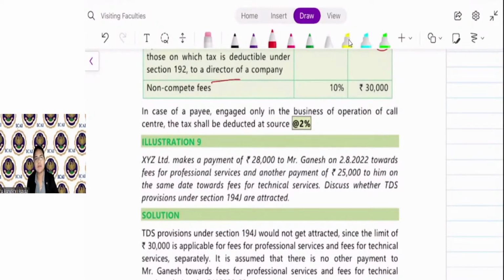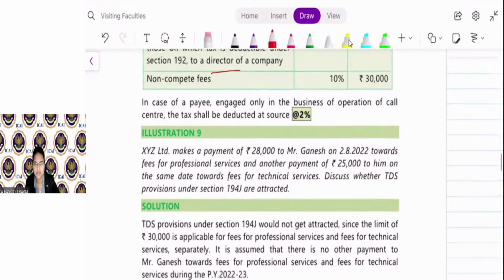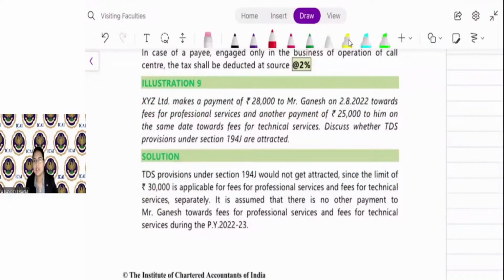Discuss whether TDS provisions under 194J are attracted. No. Why? Because fees for professional service is less than 30,000 and fees for technical service is also less than 30,000. In aggregate, they are more than 30,000, but a separate limit of 30,000 is given for professional service and a separate limit of 30,000 is given for technical service.